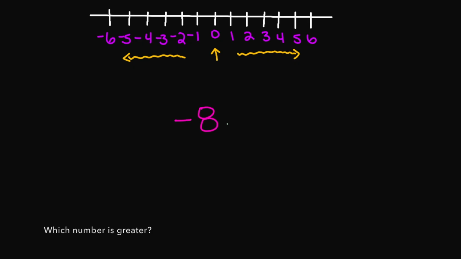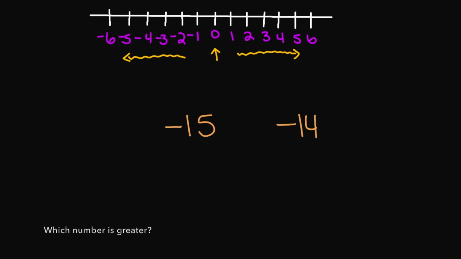-8 and +3, which number is larger? The largest number here is going to be +3, because positive numbers will always be greater than negative numbers. -100 and the number 9, which number is greater? The larger number here is going to be 9. What about -15 and -14?